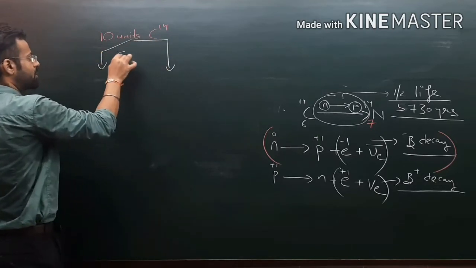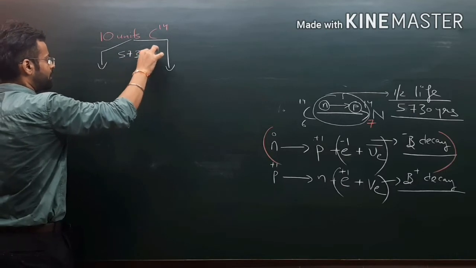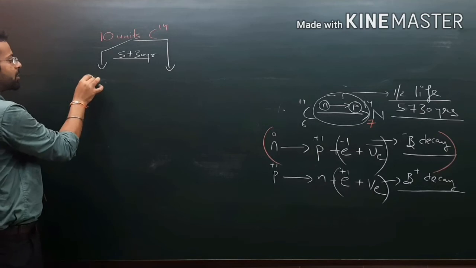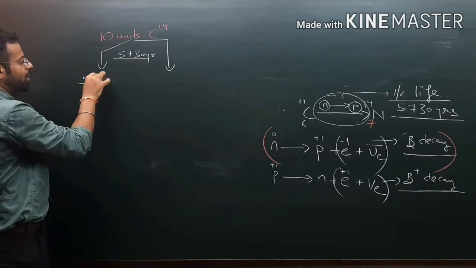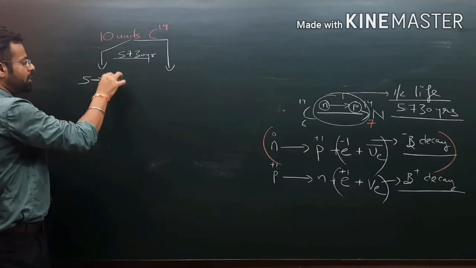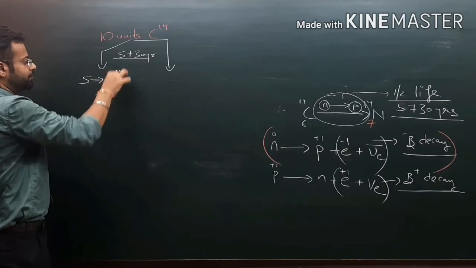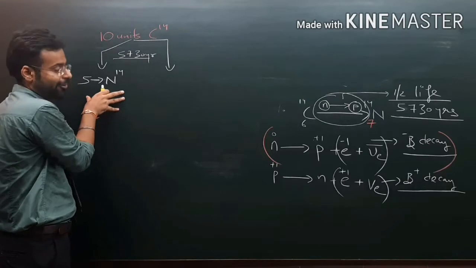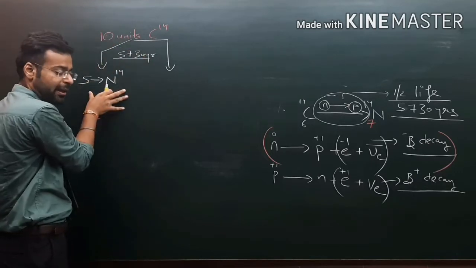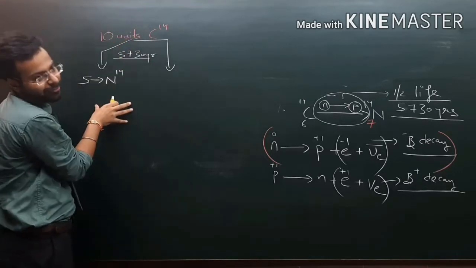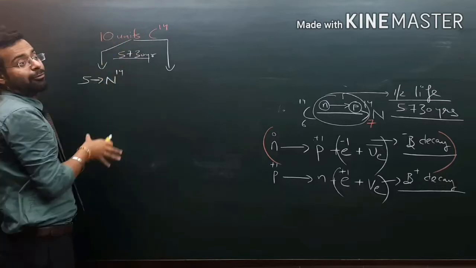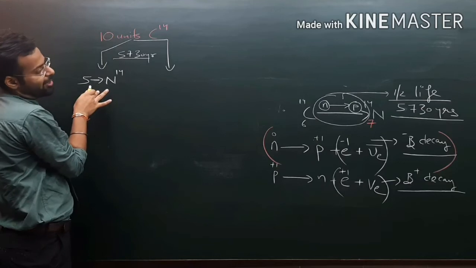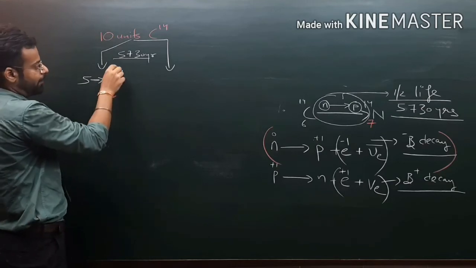In 5730 years, because that's the half-life, 5 units will get converted into nitrogen 14. Whatever it is, it's going to become half. If it was 20, it would have become 10. If it was 100, it would have become 50. So starting at 10, 5 will convert into nitrogen 14.